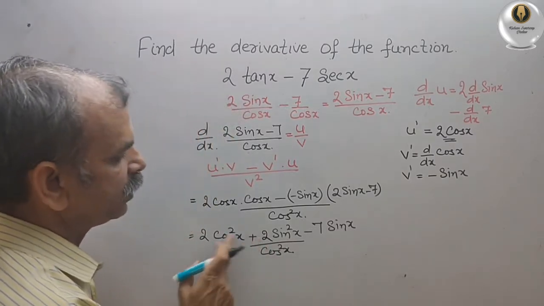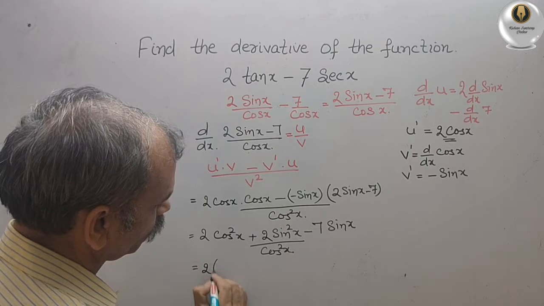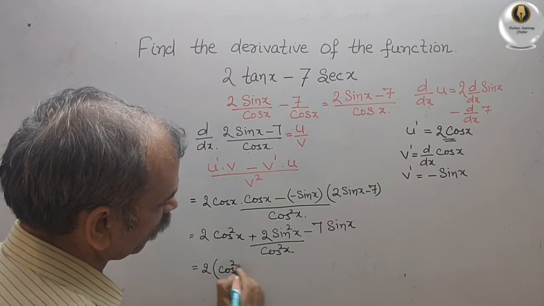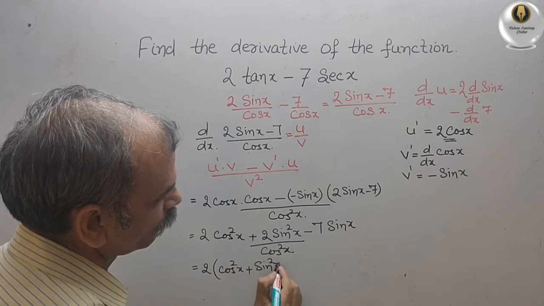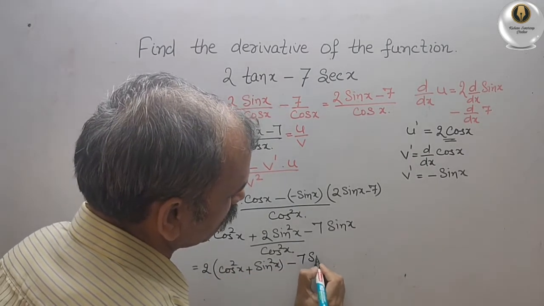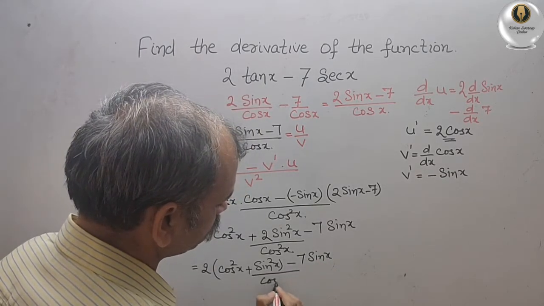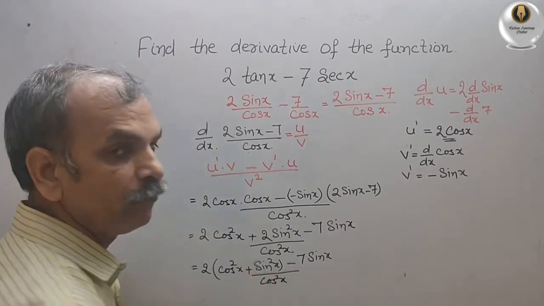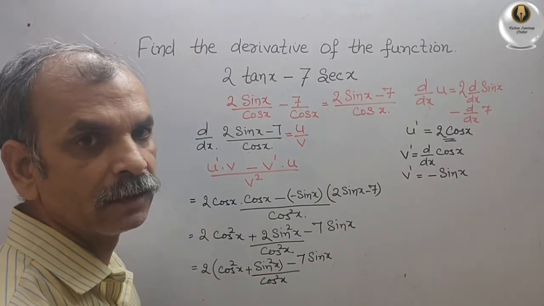Now if you see here 2 is common, we will take 2 as common. We will get cos square x plus sin square x, minus 7 sin x by cos square x. We know that cos square x plus sin square x is 1.